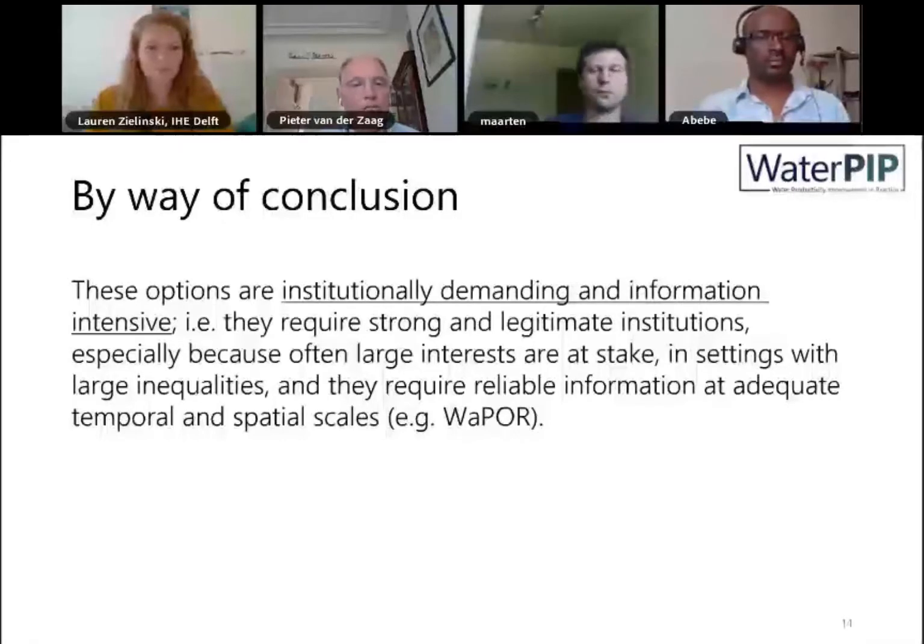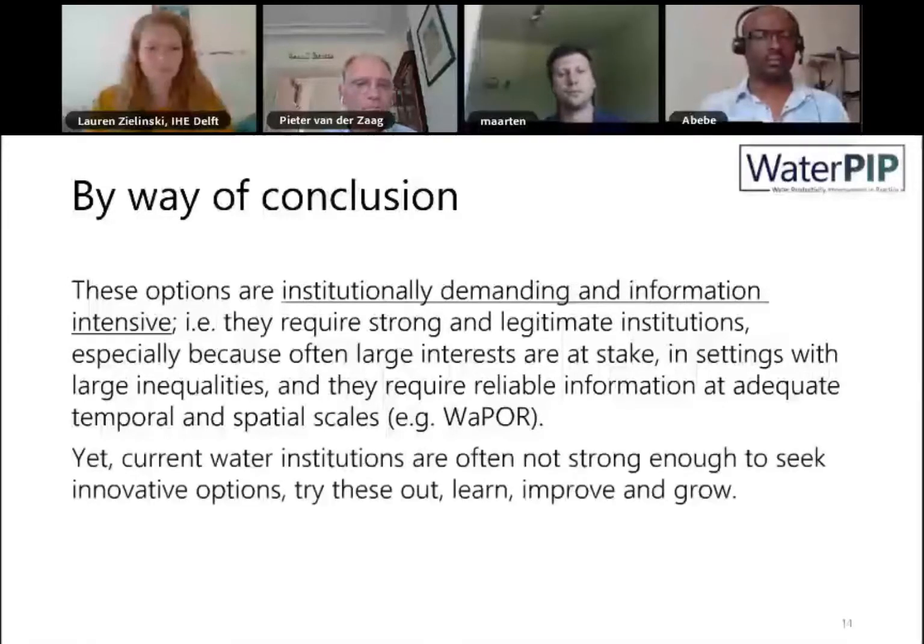Moreover, these options require reliable information at adequate temporal and spatial scales. And here, perhaps, WaPOR and similar products can really play a good, positive role. Currently, our water institutions are often not strong enough to seek innovative options, as I suggested. Try these out, learn, improve, and grow.